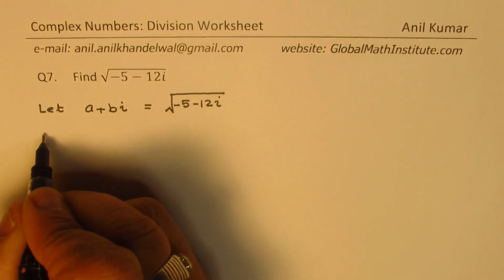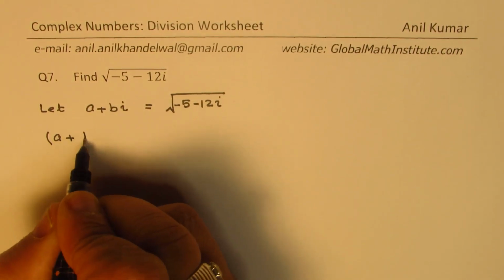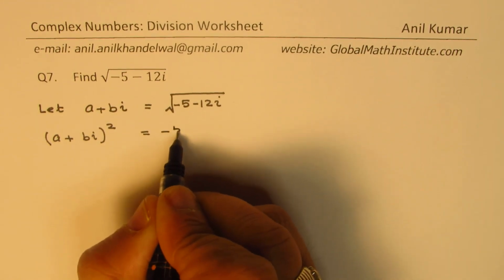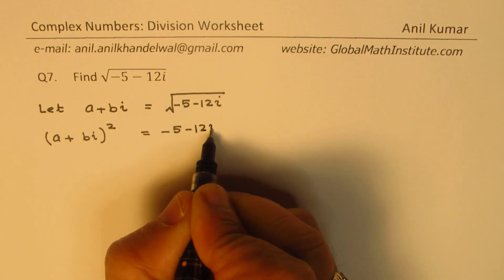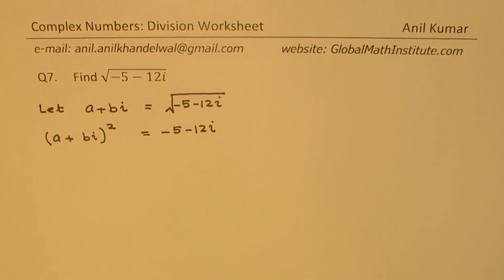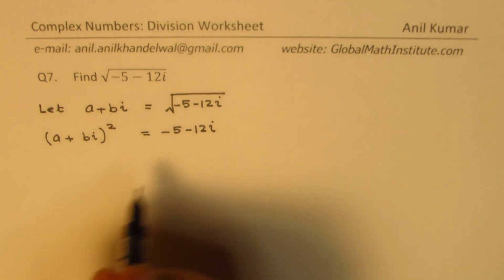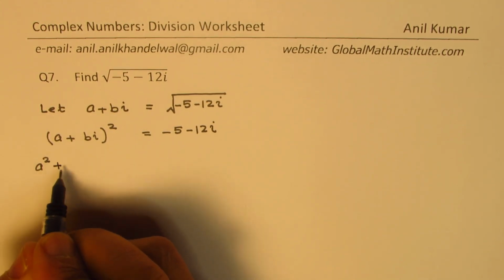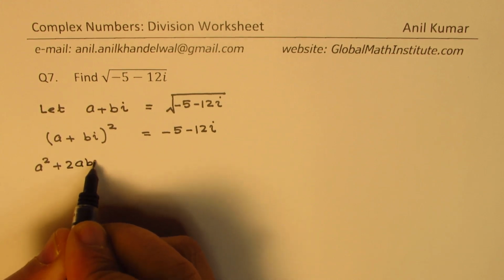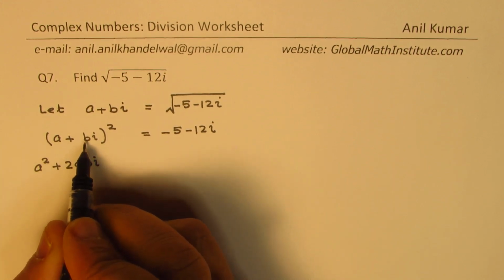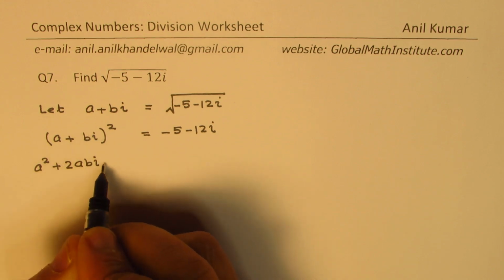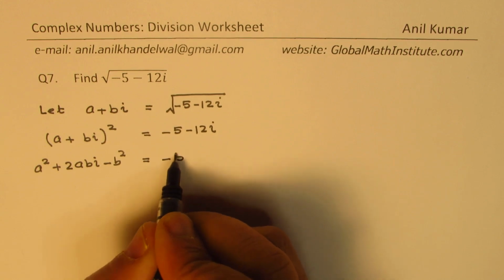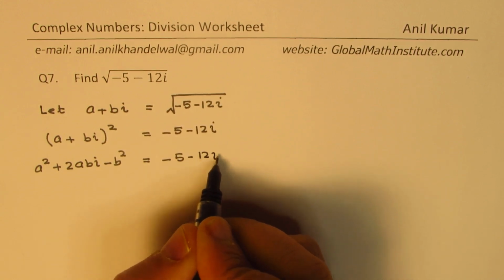In that case, the square of a plus bi should be equal to minus 5 minus 12i, correct? So we can just expand the left hand side, which gives a square plus 2abi plus b square i square, which becomes negative, so we get minus b square, equals minus 5 minus 12i.